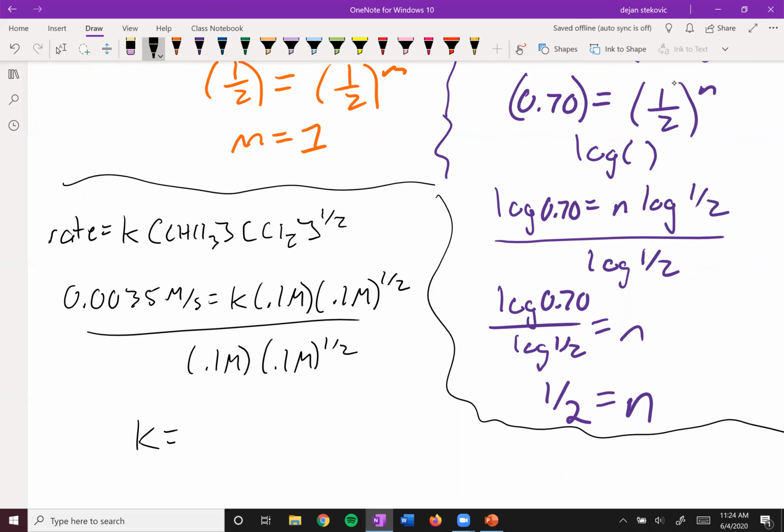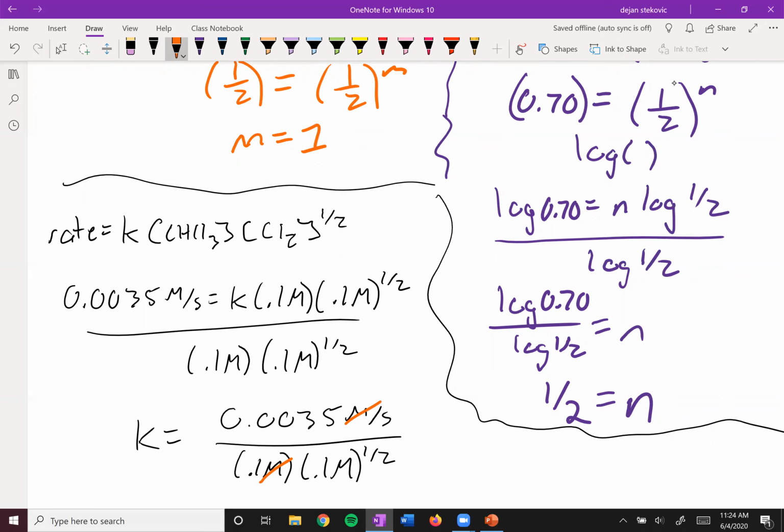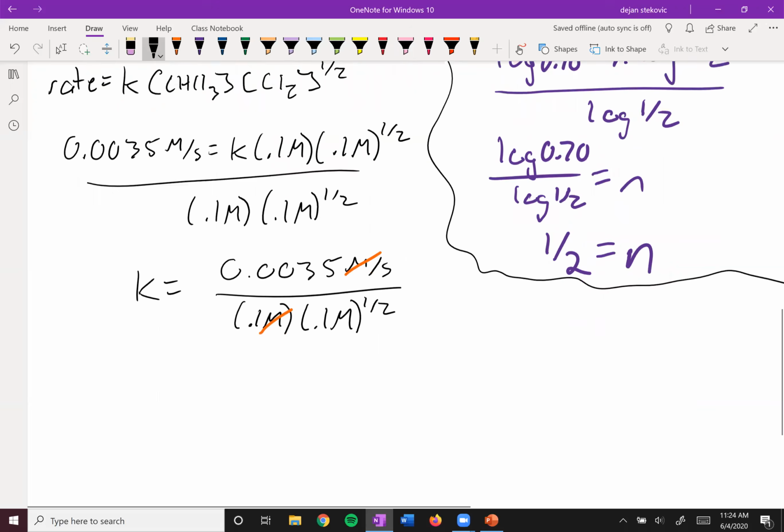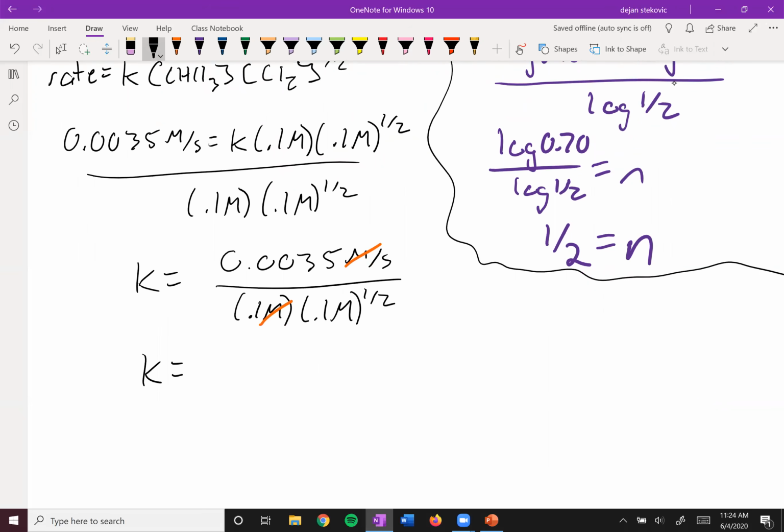And then we'll get K by itself. You can see that this molar is going to cancel out with this molar. And then you can just plug in the rest of this stuff into your calculator. You should get 3.5. And then think about the units. This is 1/2 underneath, so it's molar to the negative 1/2. And then the seconds is also in the denominator, so seconds to the negative 1. So you can see K has some pretty funky units.